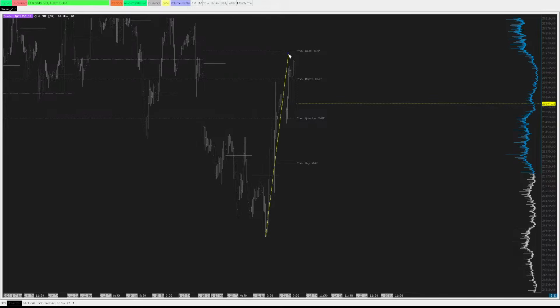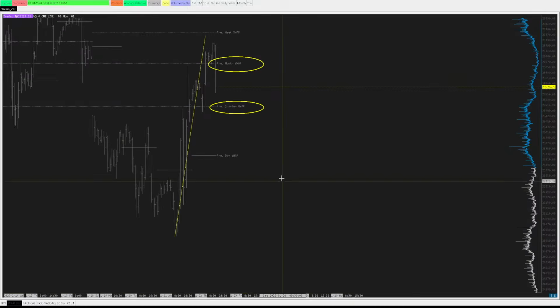We went up on Trump and we've got a previous month's VWAP that failed to hold. And now we're pulling back down to last quarter's VWAP. Isn't that nice, knowing that that is underneath you somewhere to catch? And so this right here is a nice juicy target for me, this previous quarter's VWAP.